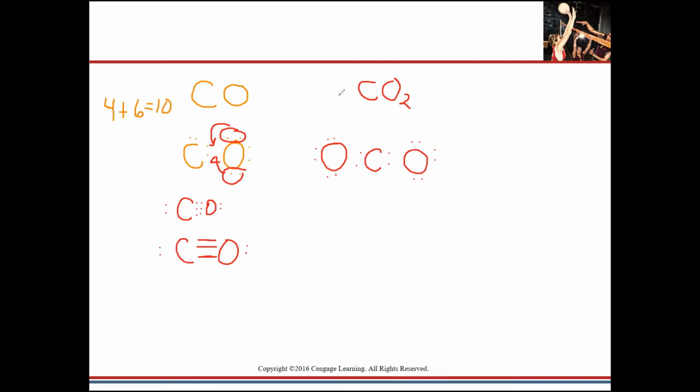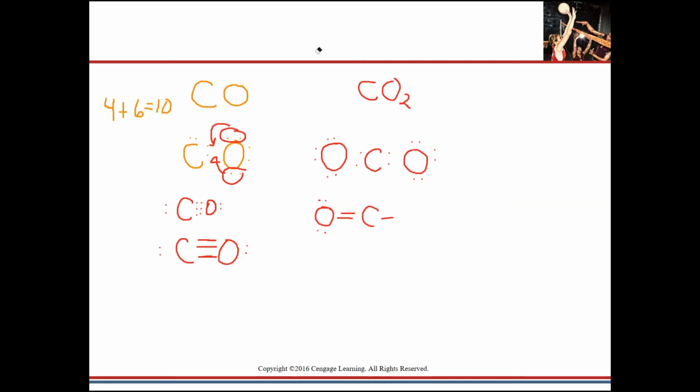So I'm going to do a double bond, because otherwise I would only have 4 around carbon. So then I need to take 2 from here.